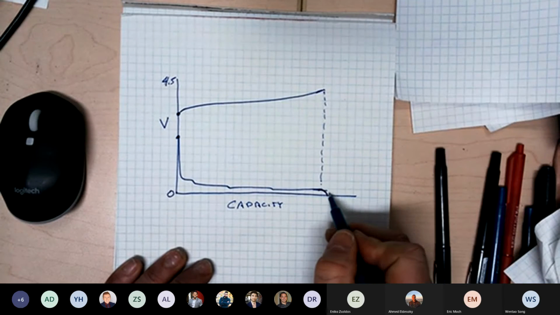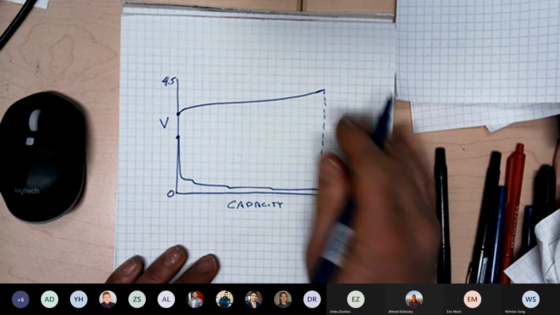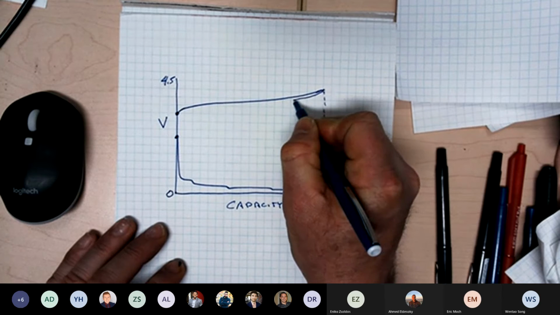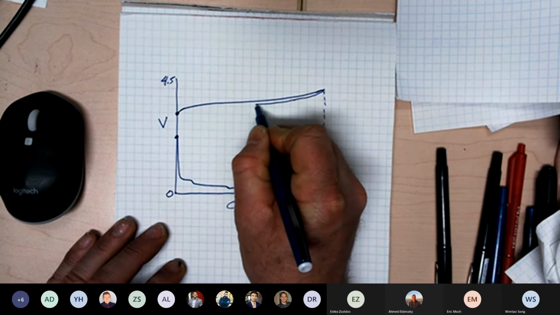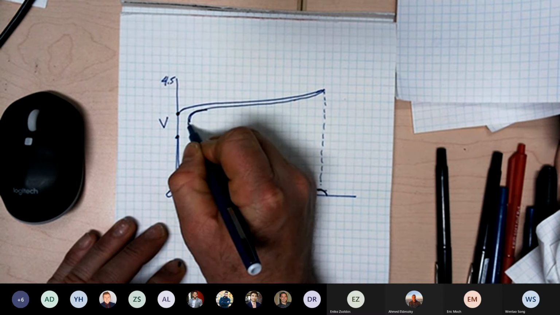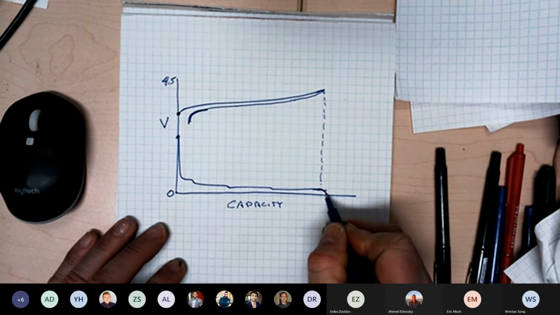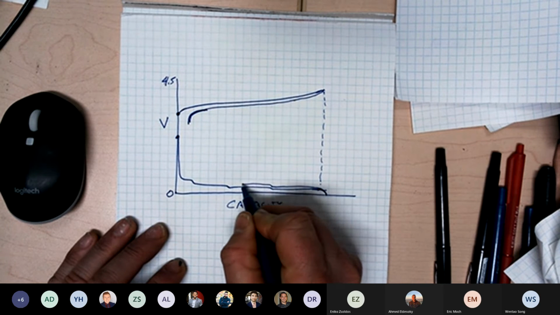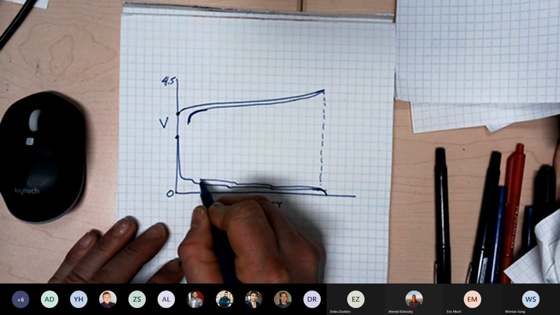Okay. Then when you discharge the cell, the positive will discharge, come back to some point, almost the whole way, and the graphite will come back almost the whole way as well.